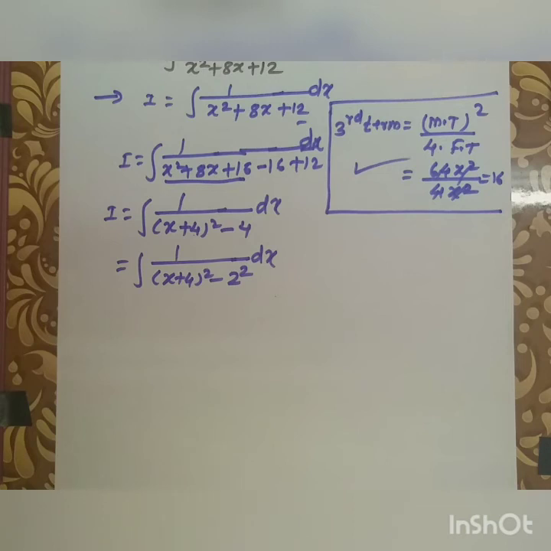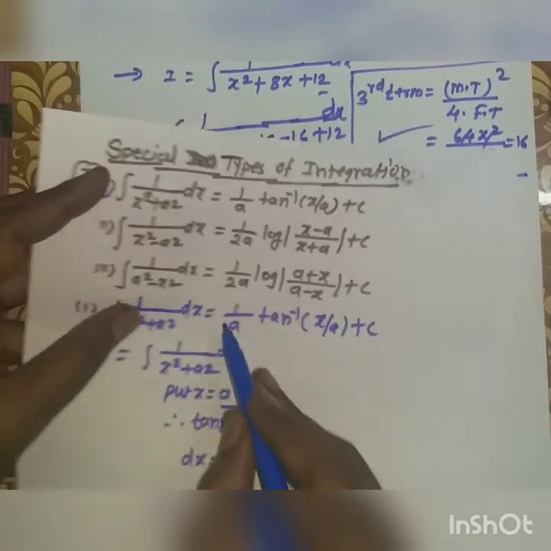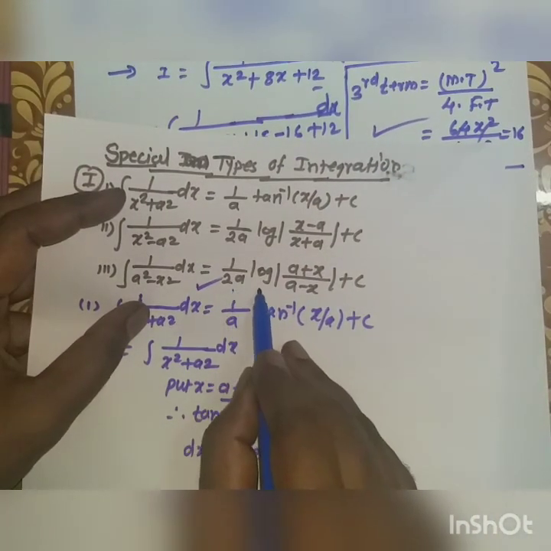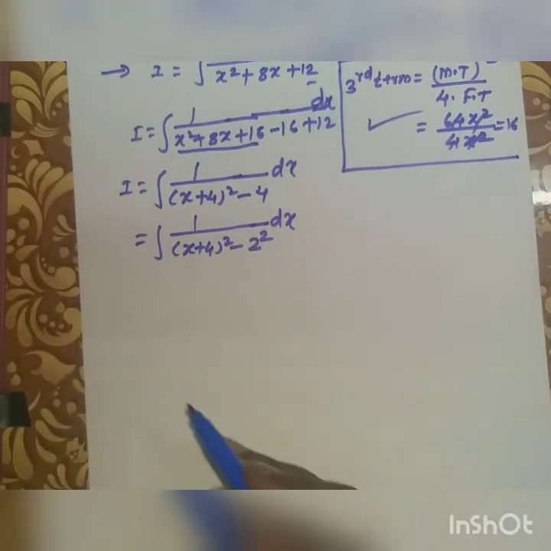Again we convert this equation in the form of x square minus a square. For x square minus a square, its solution is 1 by twice a log of x minus a divided by x plus a plus c.